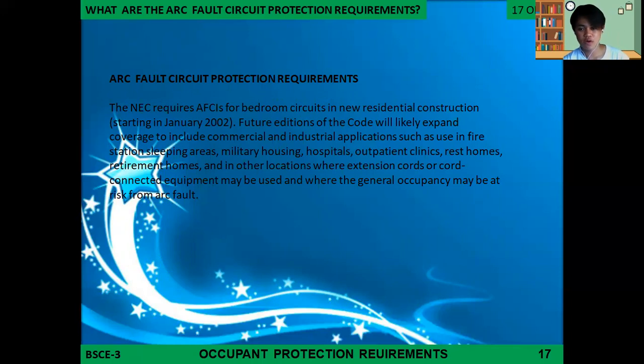Future editions of the code will likely expand coverage to include commercial and industrial applications such as use in fire stations, sleeping areas, military housing, hospitals, outpatient clinics, rest homes, retirement homes, and in other locations where extension cords or cord-connected equipment may be used and where the general occupancy may be at rest from arc fault.